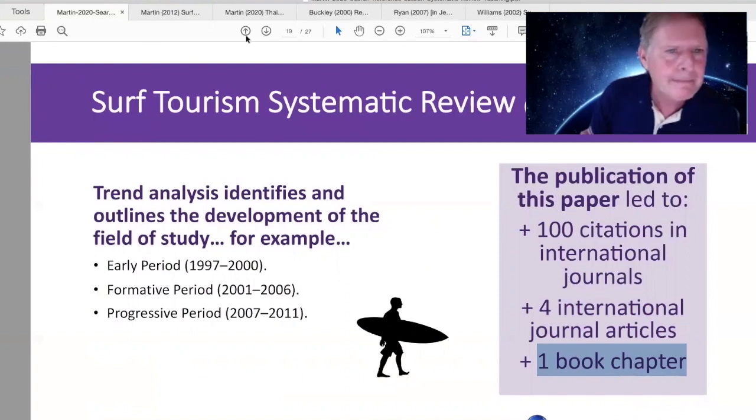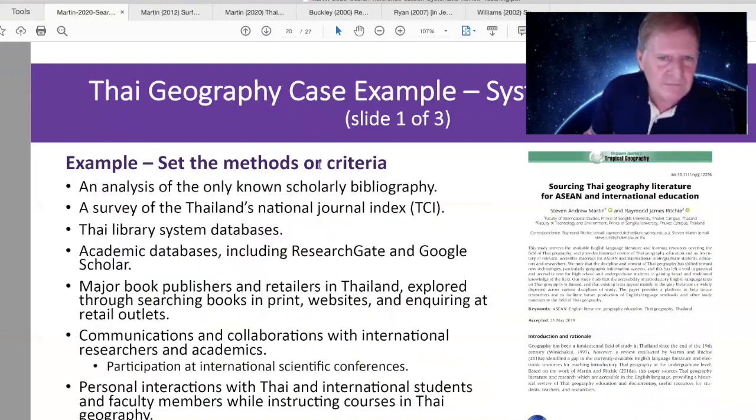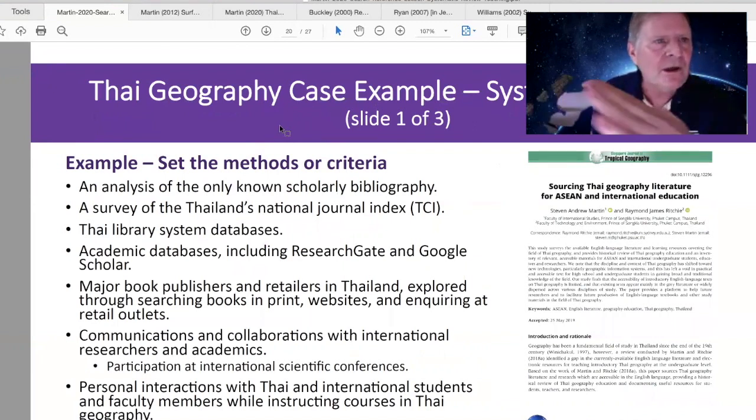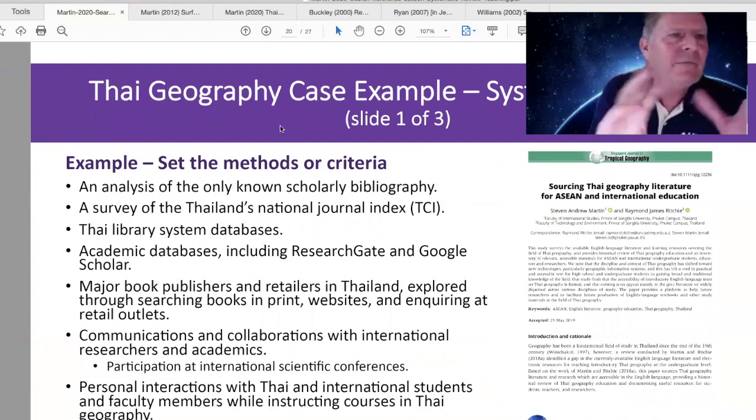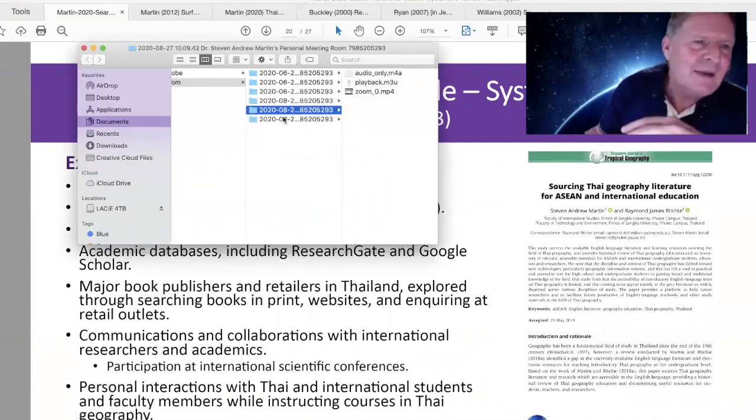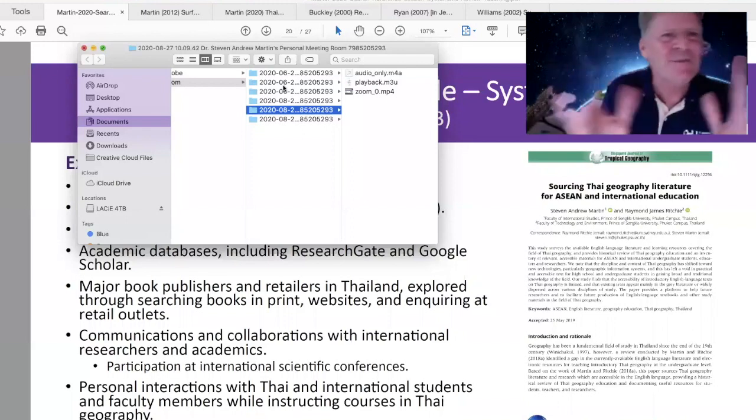Okay, next. The second one is the Thai geography paper. This one I did not call a systematic review because I didn't want to go down that road of explaining that methodology and making it all systematic. This study was a little bit more, can we say, wobbly.